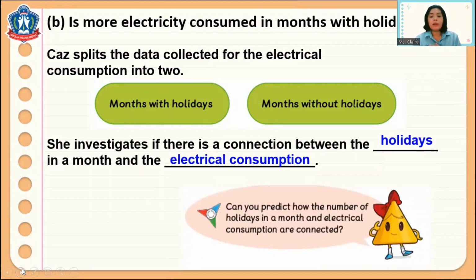Can you predict how the number of holidays in a month and electrical consumption are connected? If you don't know the answer, you can try to ask your parents at home. You can ask your mommy and daddy if the electrical consumption is higher during holidays or during months without holidays. Okay, children, I want to hear your answers during our class.